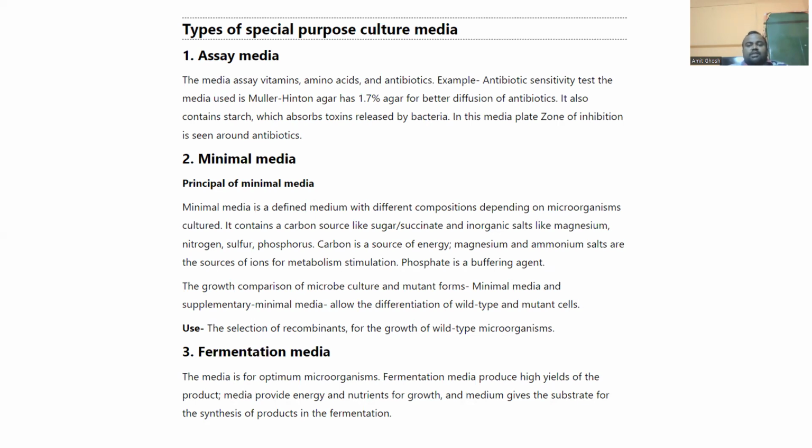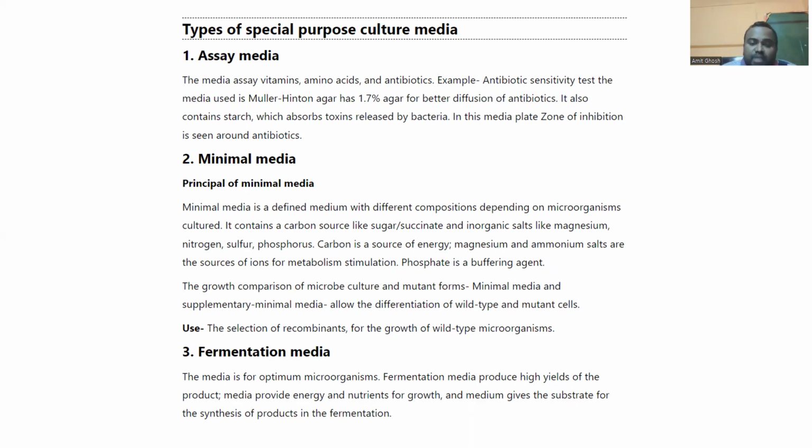For example, in the antibiotic sensitivity test, the medium used is Mueller Hinton agar, which has 1.7% agar for better diffusion of antibiotics, and it also contains starch to absorb toxins released by bacteria. On this plate, a zone of inhibition is seen around the antibiotics. So whenever you try to assay an antibiotic, you need to use this assay media.